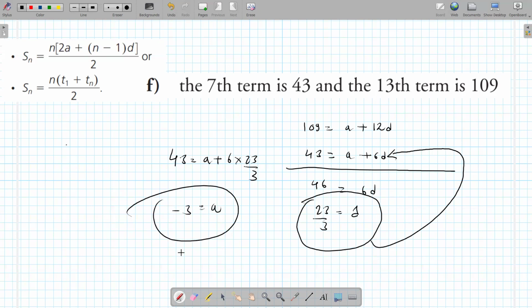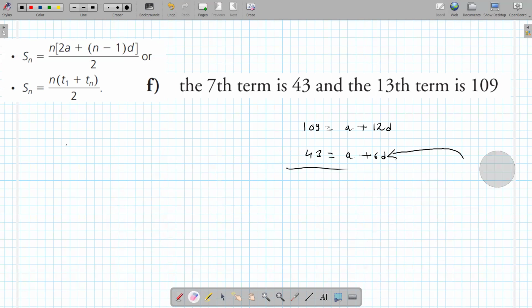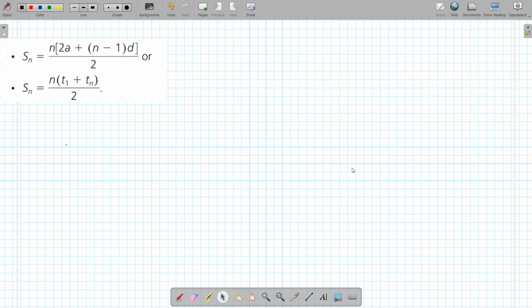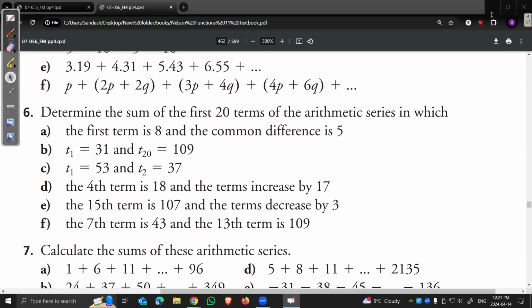So there we go. We found our A, we found our D by using the system of linear equations, and then use the top formula and you're done. So usually it becomes a combination of the sequence and the series formulas when you're dealing with series, because not every time they'll give you the A and the D value to begin with.